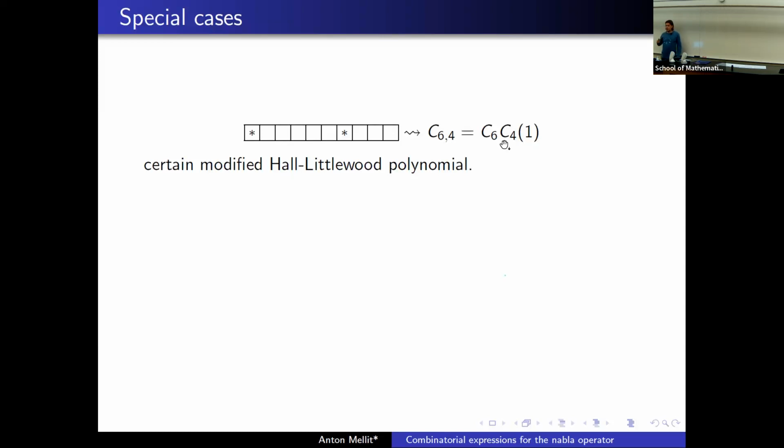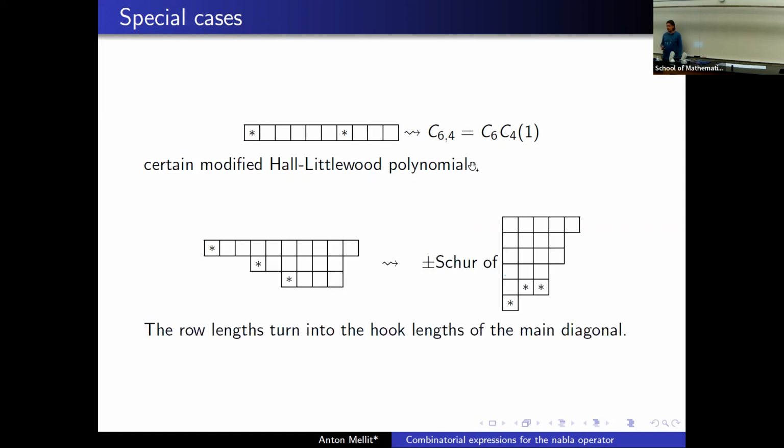So there are these creation operators for Hall-Littlewood polynomials. And so you have to take positions of the stars, give you a composition, and then you apply the corresponding creation operators to one, you get a Hall-Littlewood symmetric function. So that's one thing we can compute.